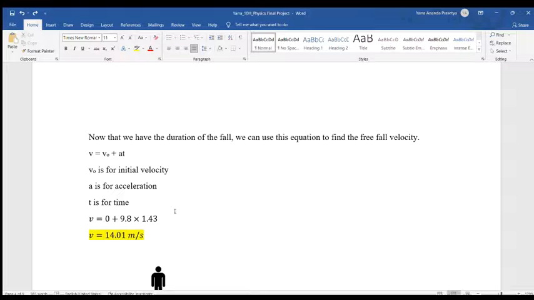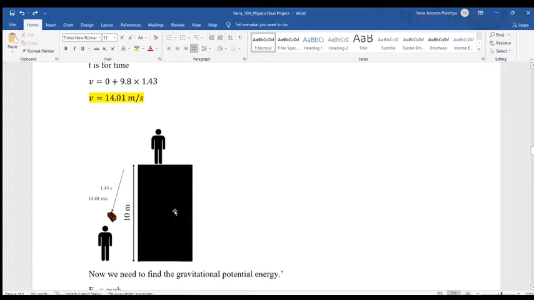And the acceleration is the gravitational acceleration, which is 9.8 meters per second squared. And we already found the time, which is 1.43 seconds. So 0 plus 9.8 times 1.43 is 14.01 meters per second. So the brick is going to be traveling at about 14 meters per second.